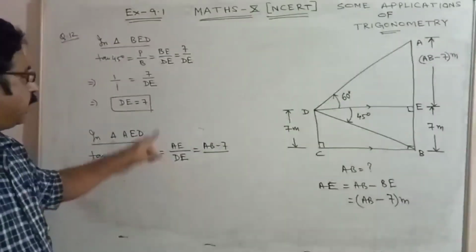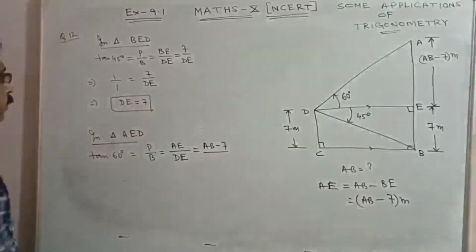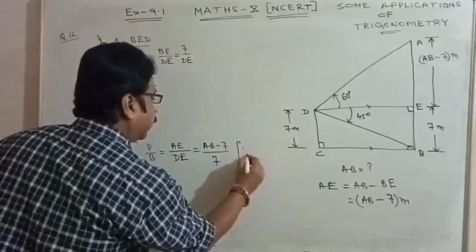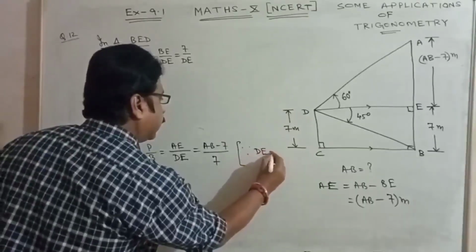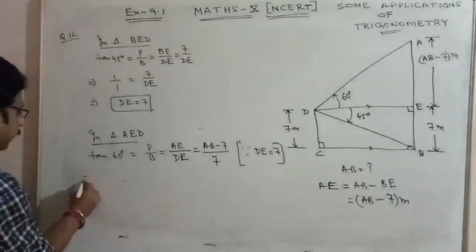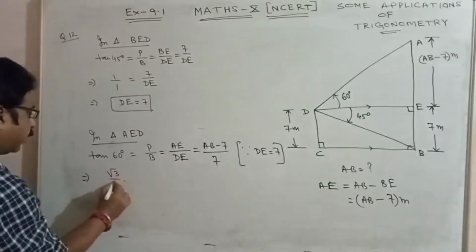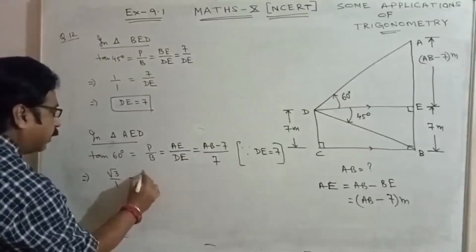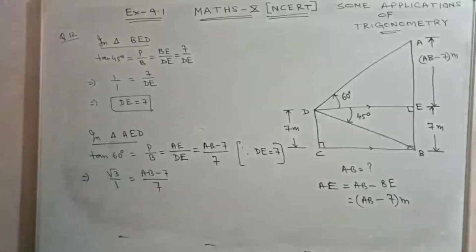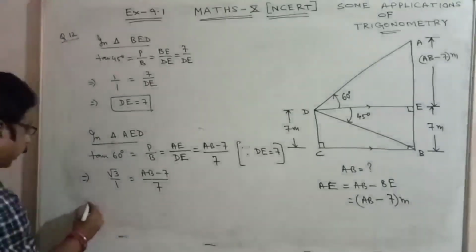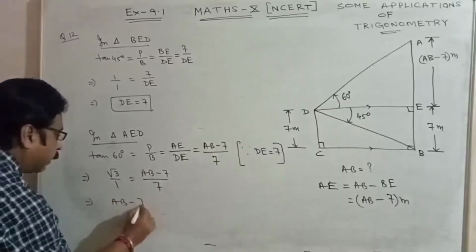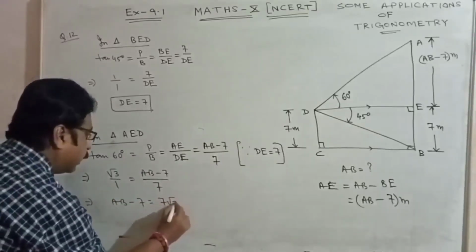In place of DE, we can write 7. Since DE is 7, tan 60 means root 3. Write root 3 upon 1 equals AB minus 7 upon 7. Then cross multiplication: AB minus 7 equals 7 root 3.